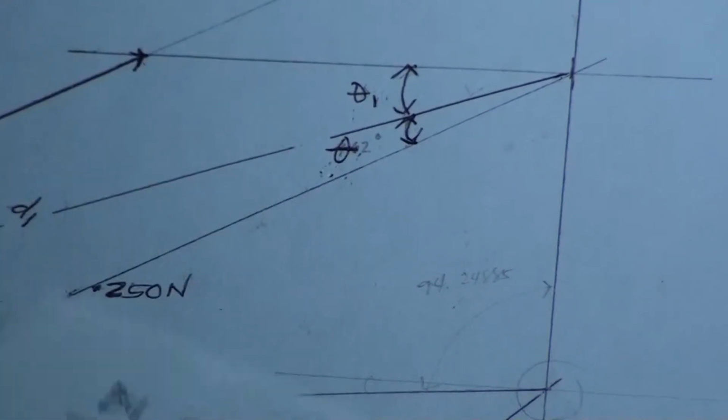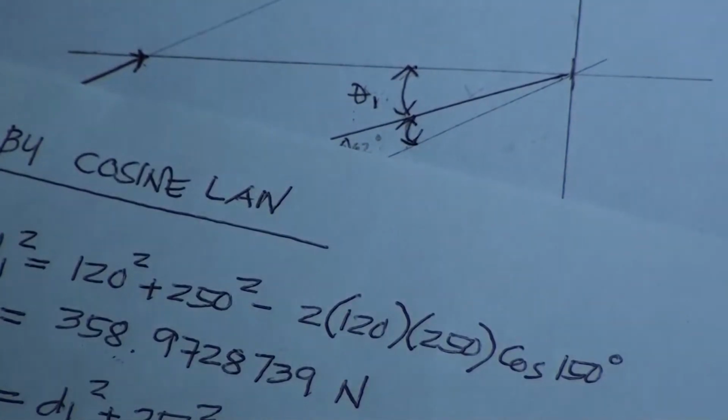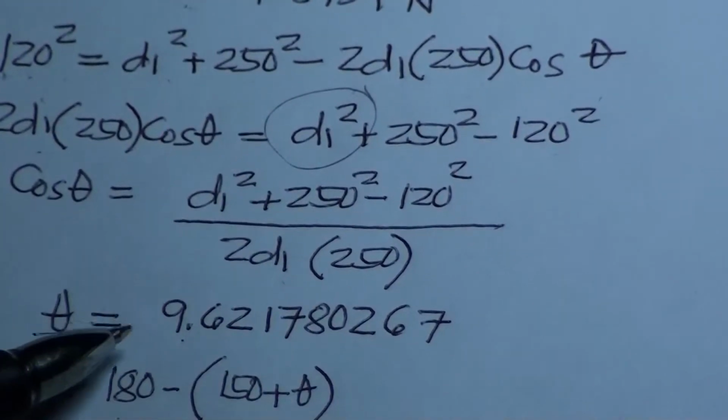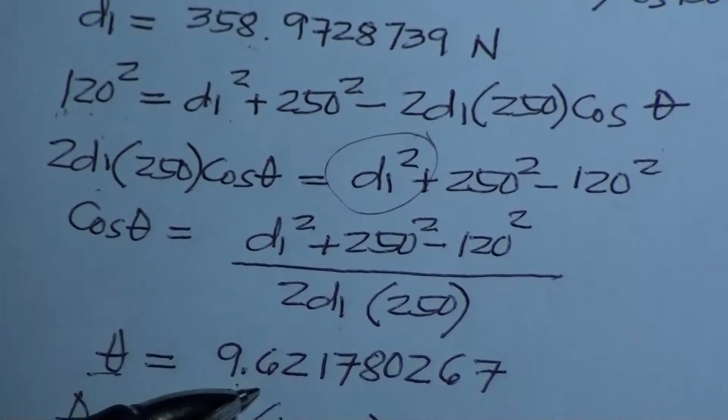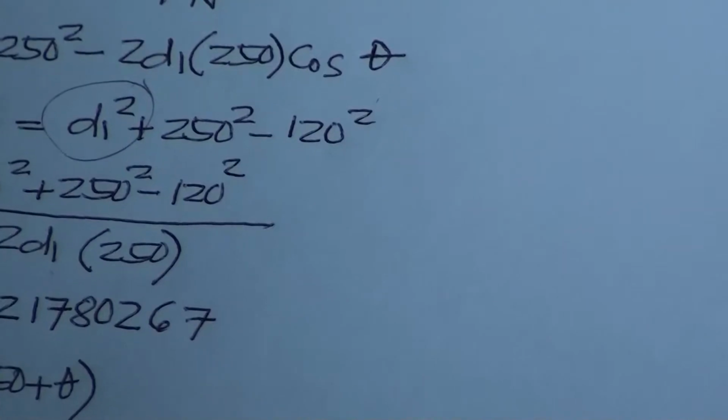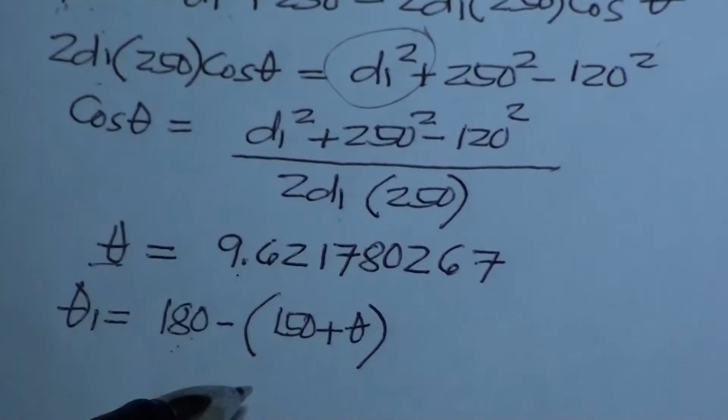Your theta has a value of 9.62. Your theta sub 1 is actually here, that's why you need to get this one.